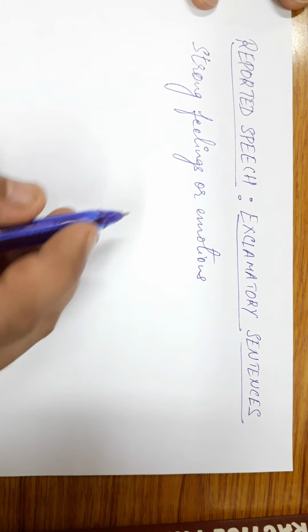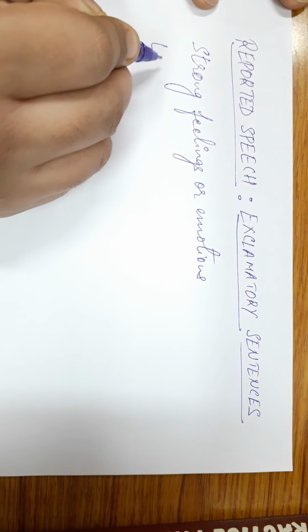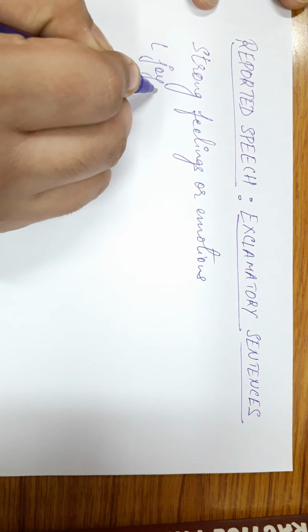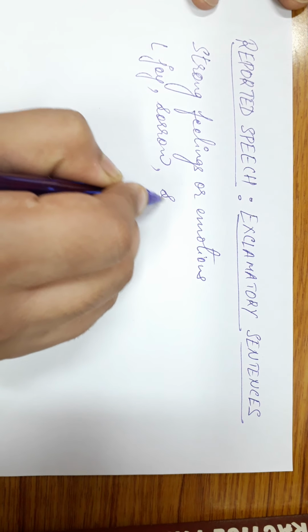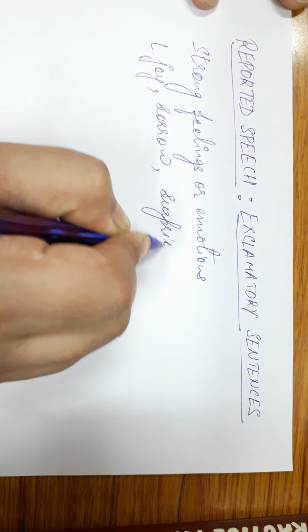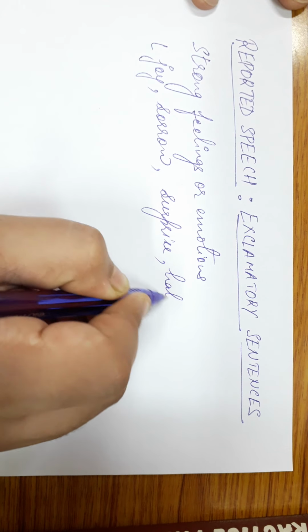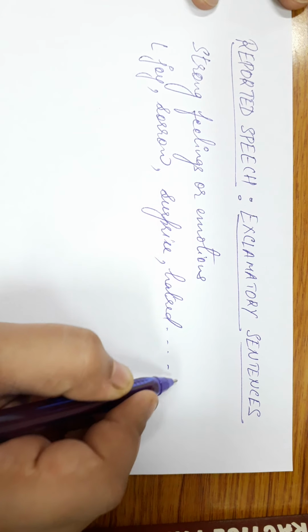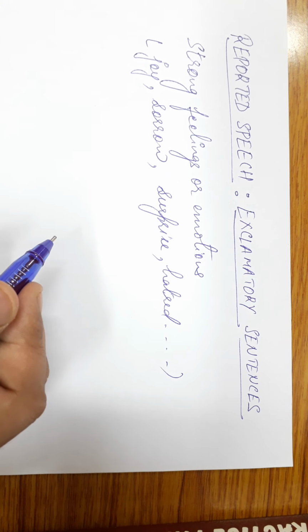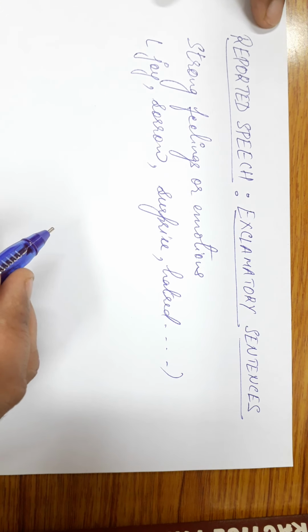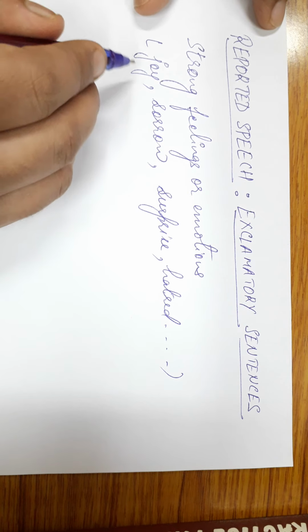Those strong feelings or emotions can be like, say, joy, sorrow, surprise, hatred, and so on and so forth. Okay? Now, what is the mark of an exclamatory sentence?